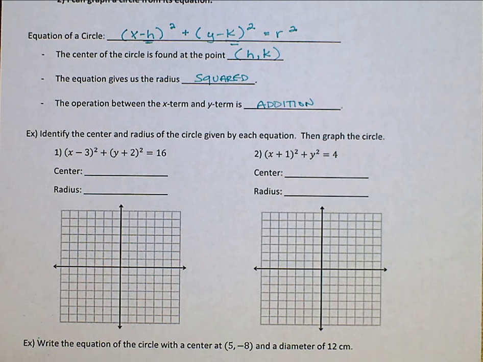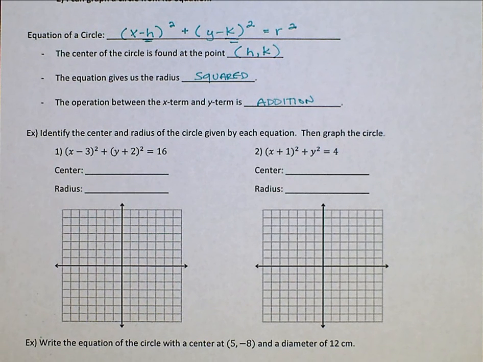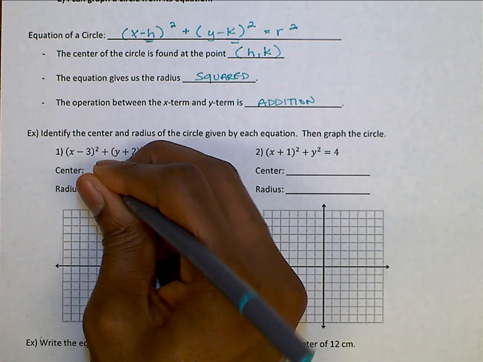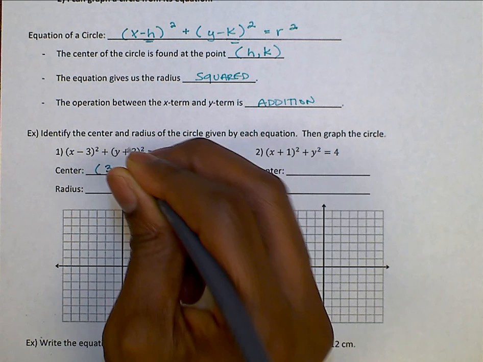Alright, so let's use this information and graph some circles. So notice here we have (x minus 3) squared plus (y plus 2) squared equals 16. First we're going to find the center of the circle. Our h is here, so it's minus h, so our h is a positive 3. And our k is here.